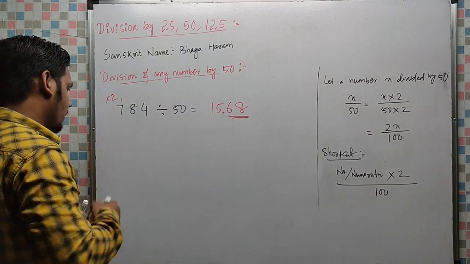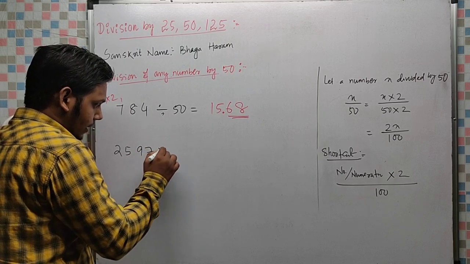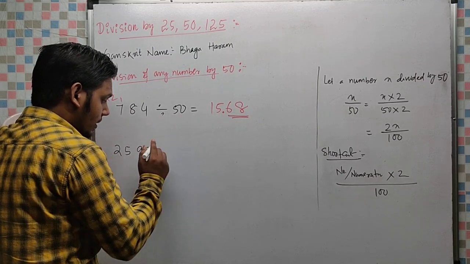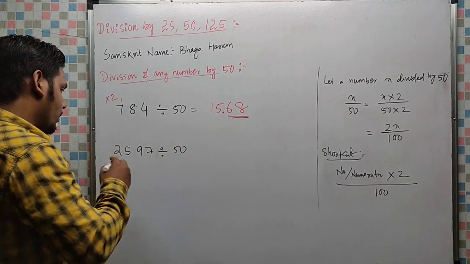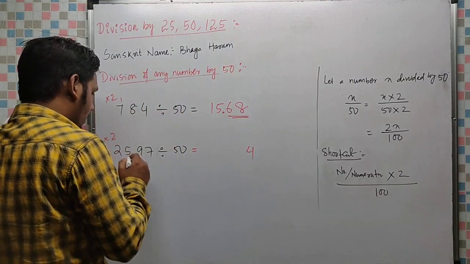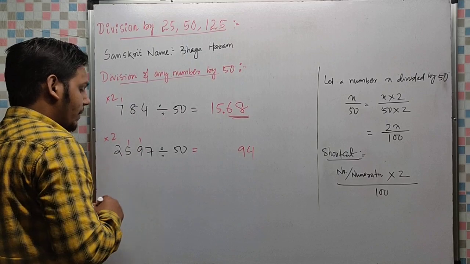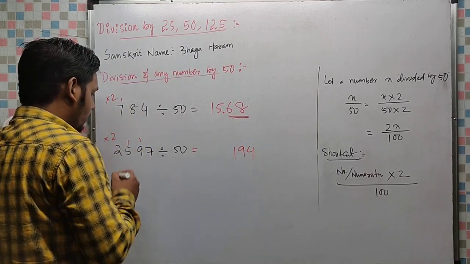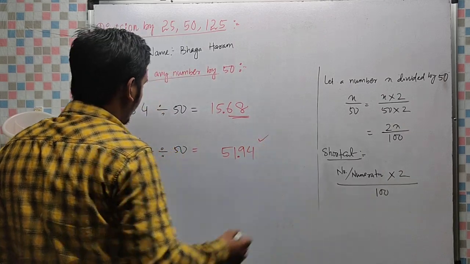Now any 4 digit number, 2597 divided by, sorry, divided by 50. Now you have to multiply 2 7 14, 1 2 9 18 1 19, again 1 2 5 10 1 11, 2 2 4 1 5. So 51.94 is the answer.